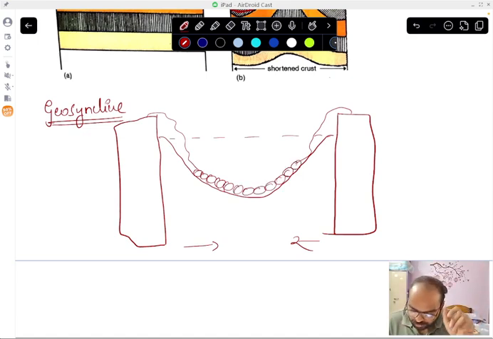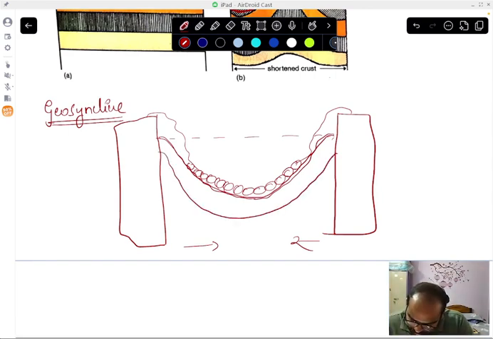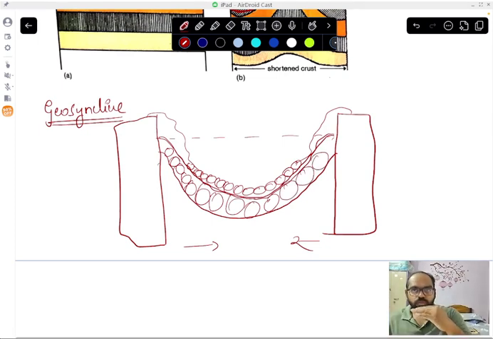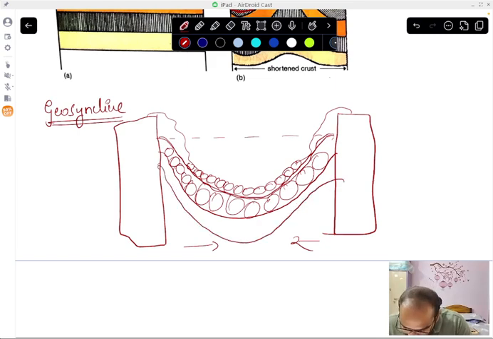Due to gradual sedimentation, this belt will subside down, and again get filled with sediments. Again, due to heavy sedimentation, it subsides down and again gets filled up with sediments. Sediments come from where? From the continental blocks.